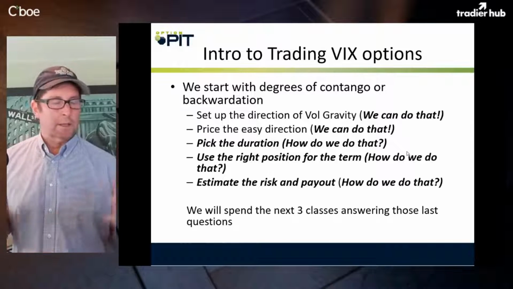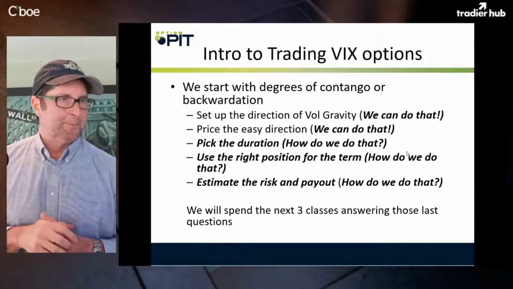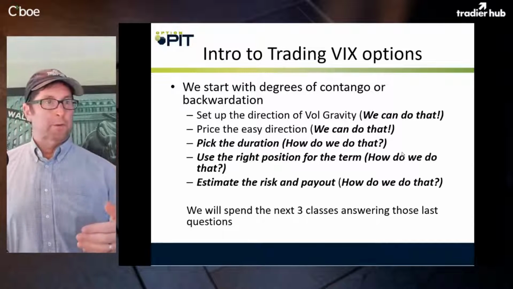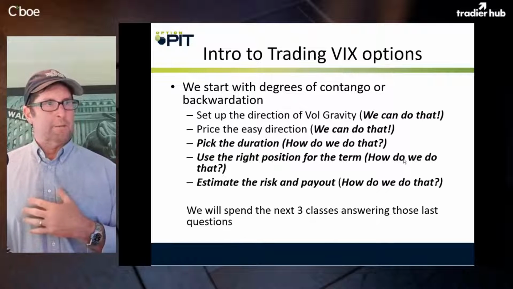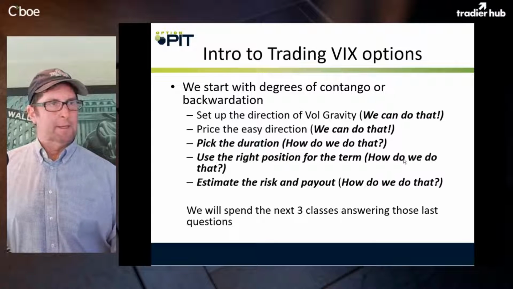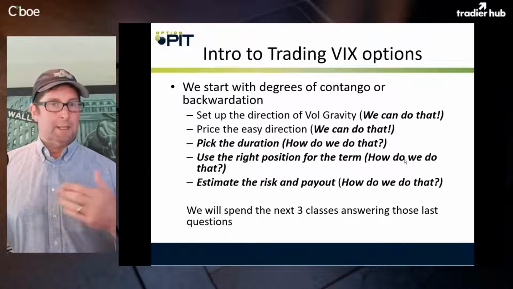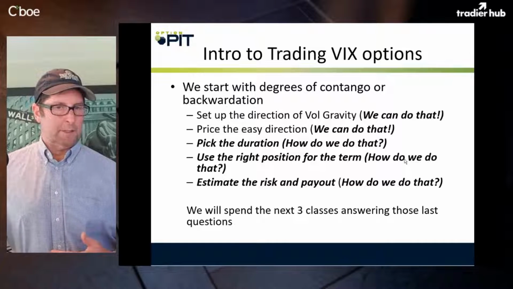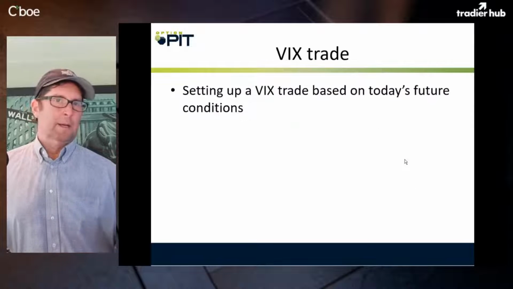Like, does it look like a good enough trade? Ultimately, when you go through this process, this is my process for trading VIX, it helps me put on a particular type of trade. And then we're at the end.